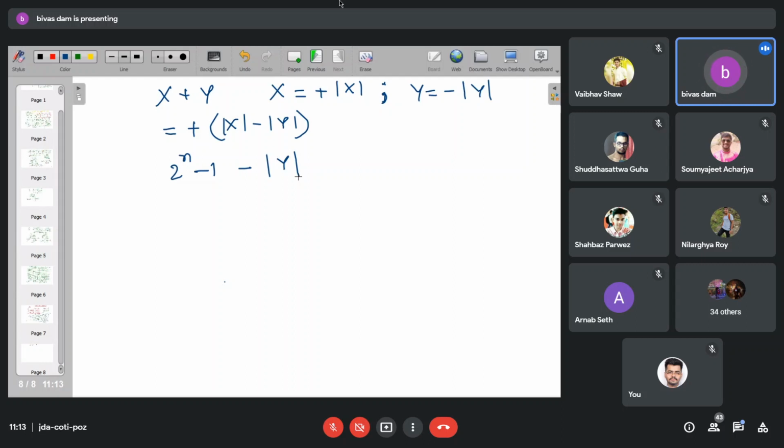Isn't it? That's the 1's complement. How is the 2's complement mathematically obtained? You have to add 1 with it. Is it not? Yes, sir. So if you add 1 with it, then this plus 1 and this minus 1 get cancelled out, and what is left is 2 to the power n minus mod y.